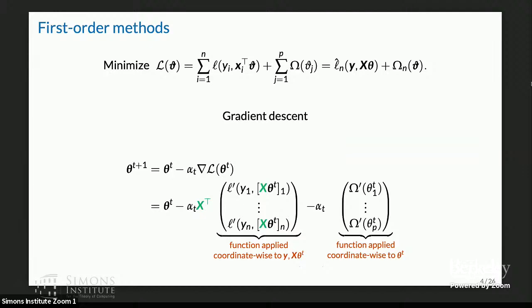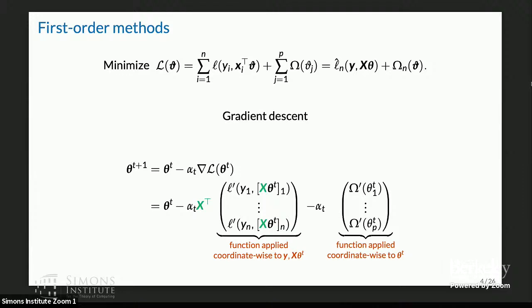So here's another algorithm, gradient descent. We're going to define some objective, which has a loss term and a penalty. I've chosen them separately. And gradient descent, which everyone knows, takes steps down this objective. And I've expanded the form of the gradient here.